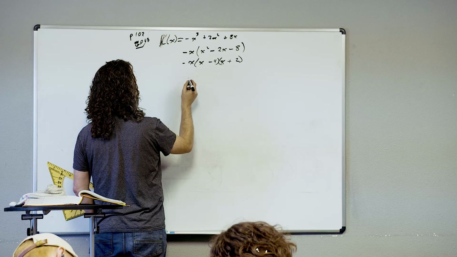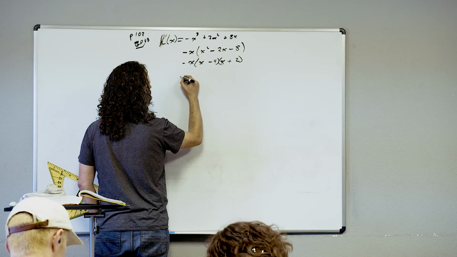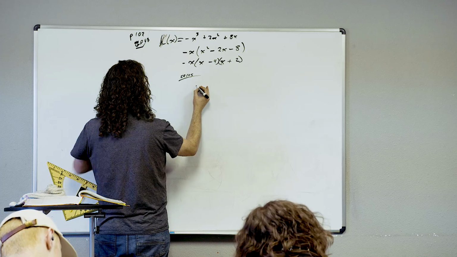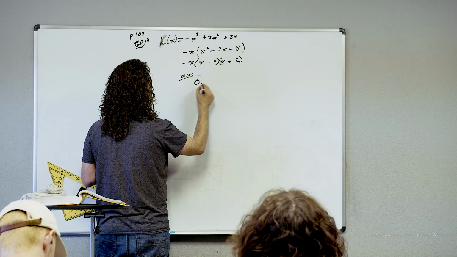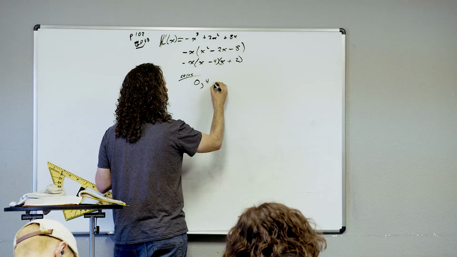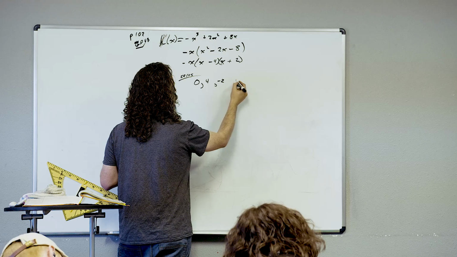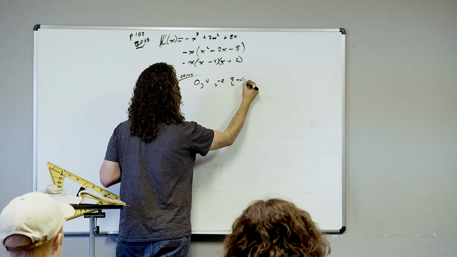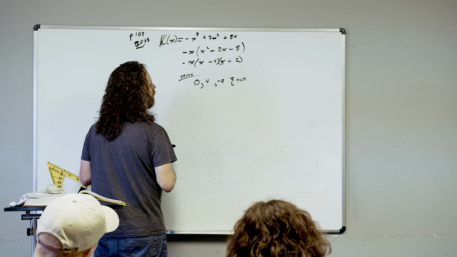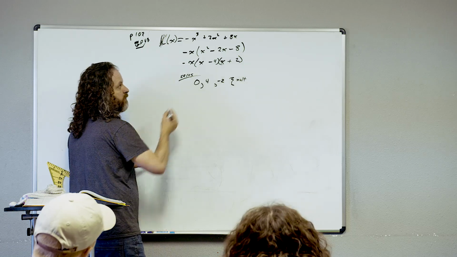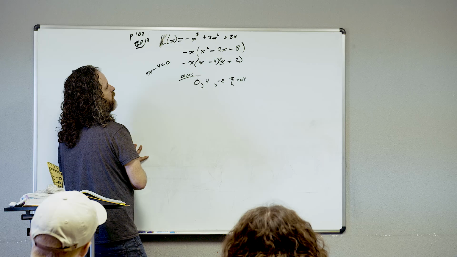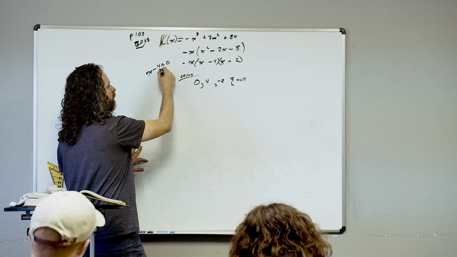So the zeros are 0, 4, and negative 2, all multiplicity 1. Wait, is there a negative 4 and 2? No, because when we set x minus 4 equals 0, we add 4.